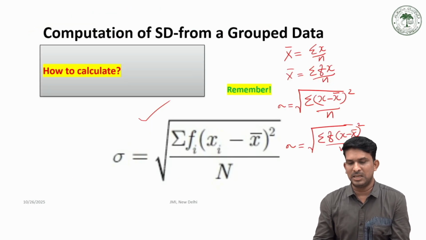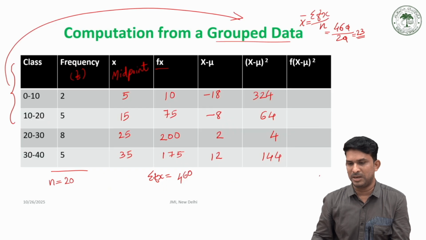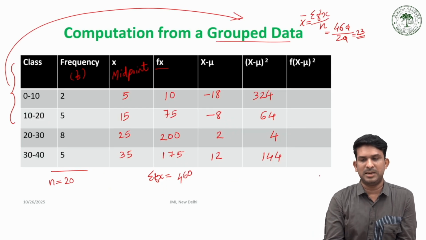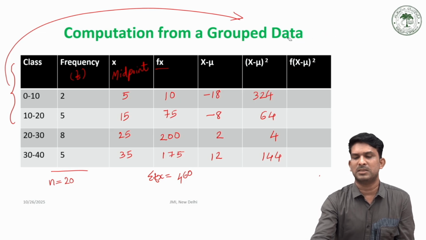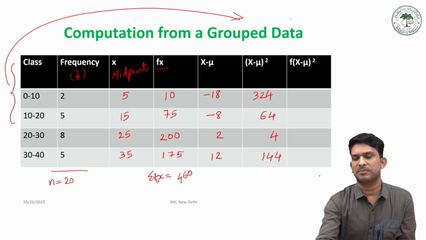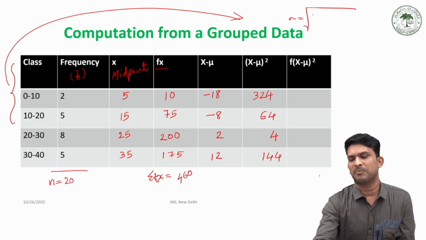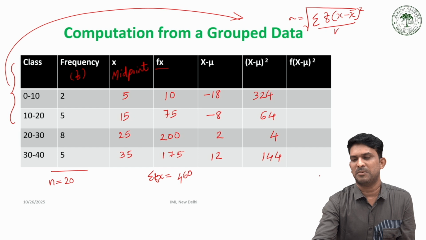Better to see the equation. This is the equation. Let me write it again for your clarity, removing the previous calculations of arithmetic mean. Standard deviation is the square root of sigma f into (x minus x bar) the whole square, divided by n.